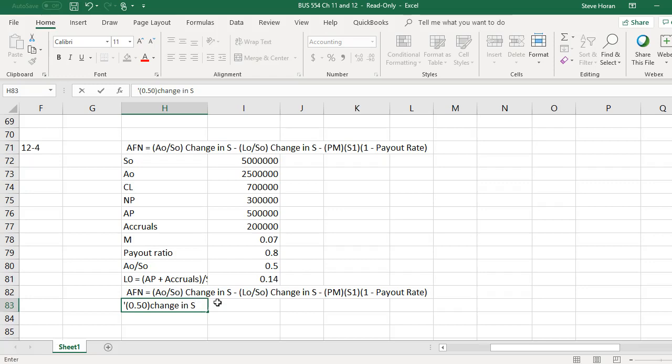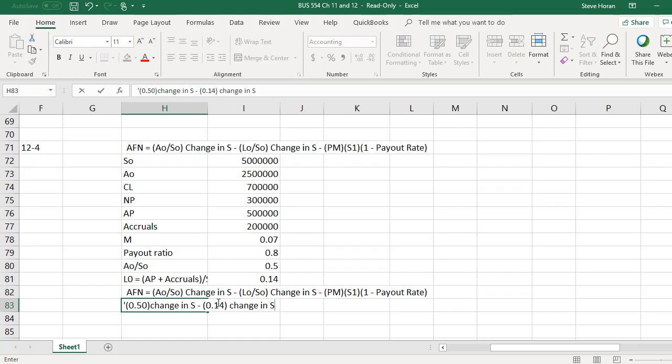And then minus my spontaneous liabilities ratio, which is 0.14, and then of course we multiply that by the change in sales again.